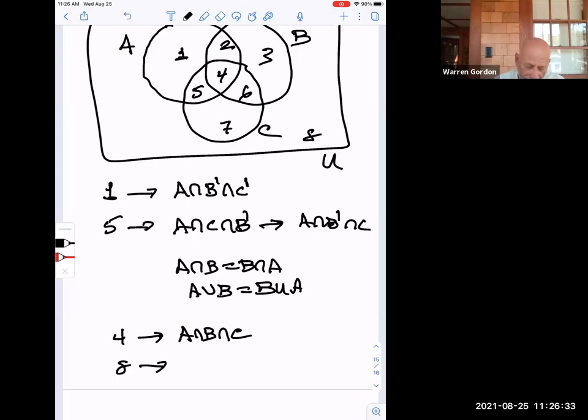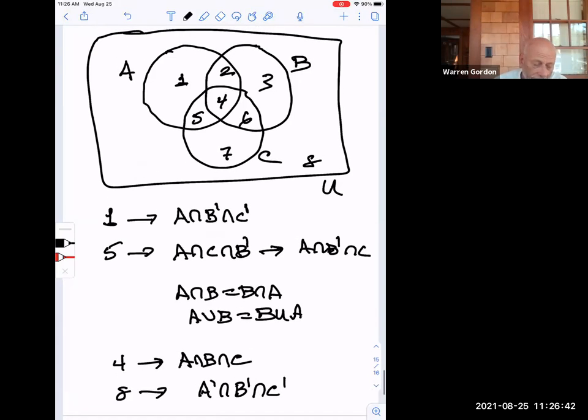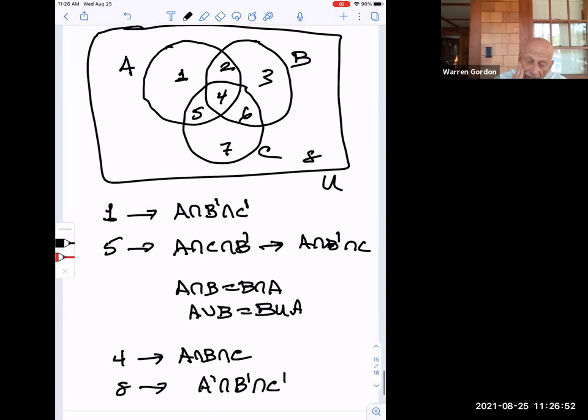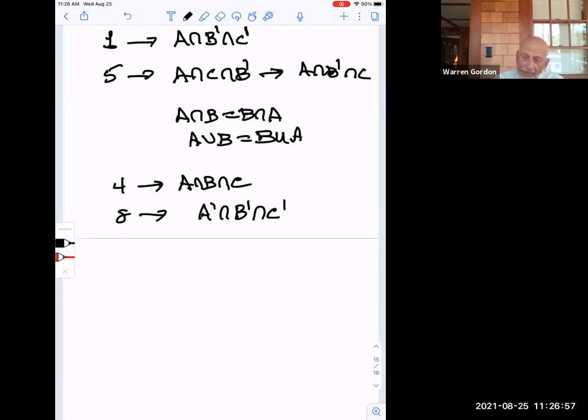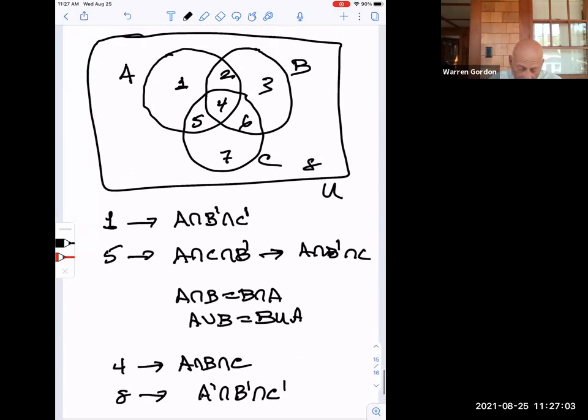Well, it's not in A, and it's not in B, and it's not in C. So each of these 8 regions can be described pretty easily, I think, but you need a little bit of practice. And you'll see this is important because we're going to want to know about probabilities of events that may look like this. The probability A happens and B doesn't happen and C happens, or combinations of that type.